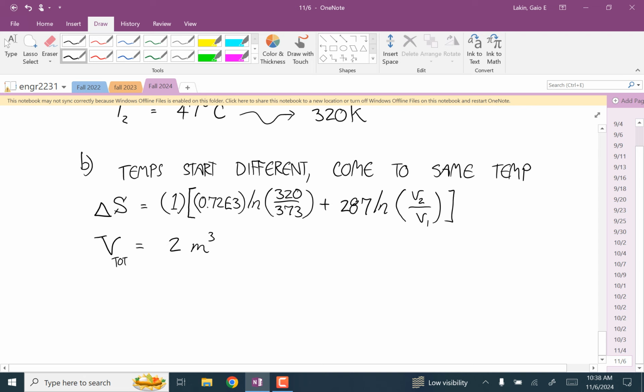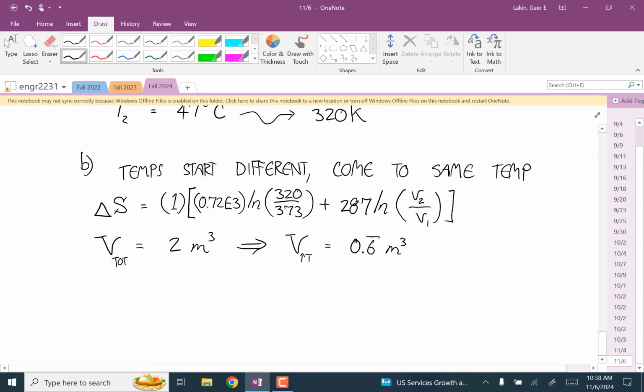And so the extensive volume of the high temperature gas is going to be 1/3 of this. So that's 0.6 repeating meters cubed.